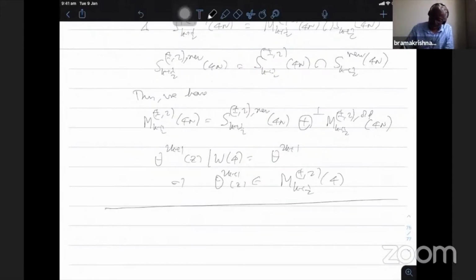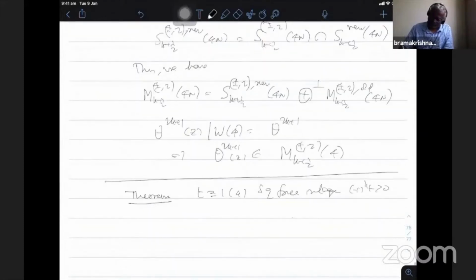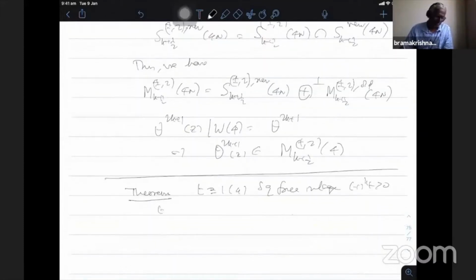Theorem. Take a square free integer t with (-1)^k t positive, and then assume that t is relatively prime to the level and assume that the symbol (t/2) is minus epsilon_k.